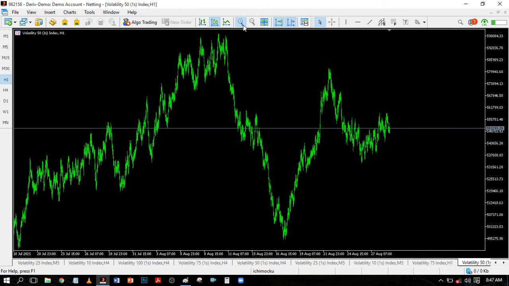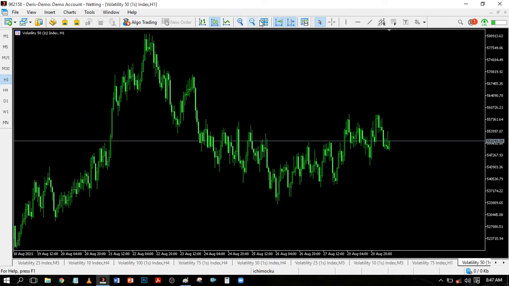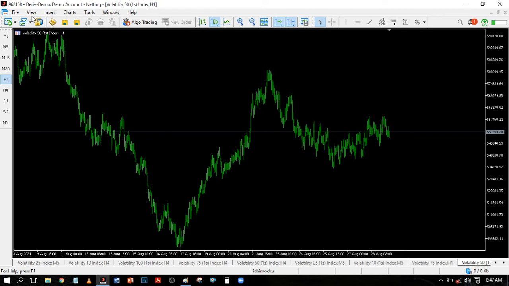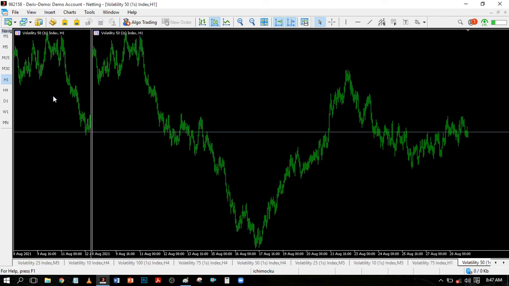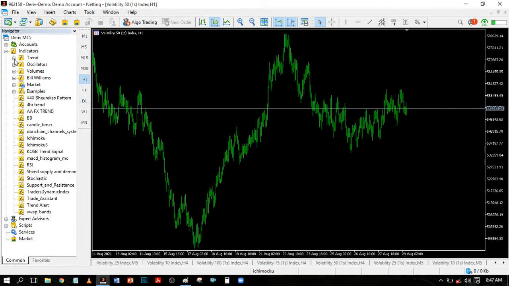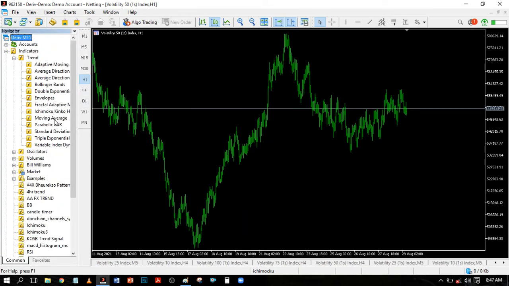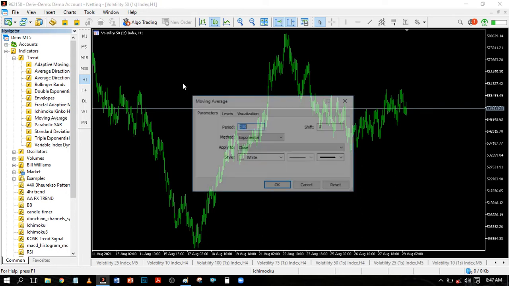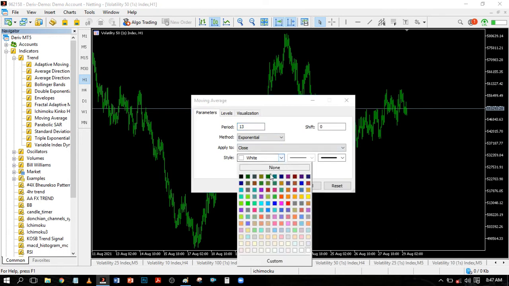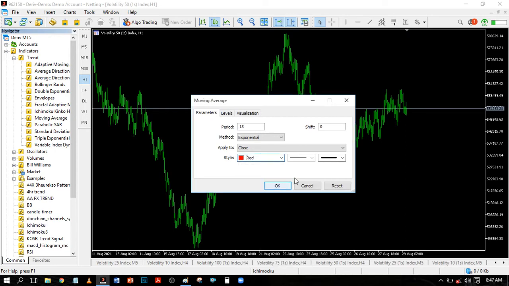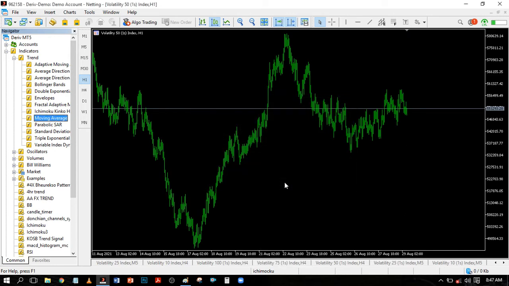All right, so the indicators I'm going to be using to explain this to you are simple. Let me just put up my indicators right here. You'll be making use of moving averages. The first is the moving average 13, let's make that red, and you click OK.